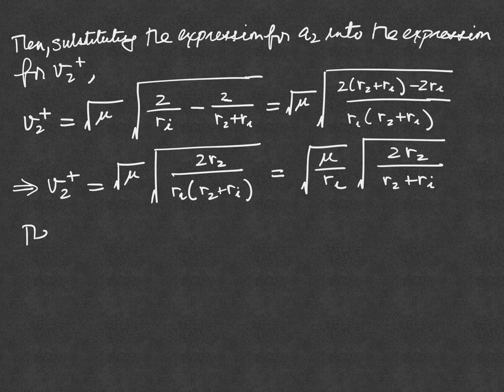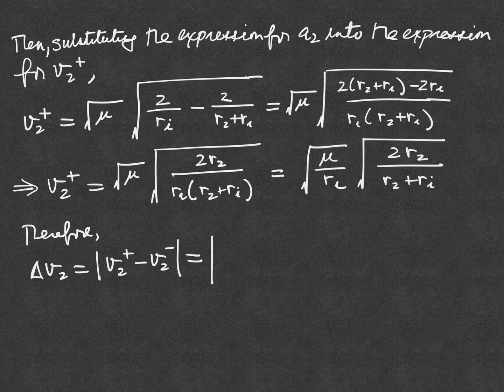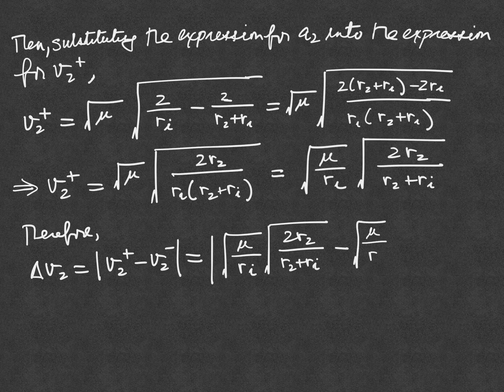So therefore, delta V2, which is equal to the absolute value of V2 plus minus V2 minus, has to equal the absolute value of the square root of mu over Ri times the square root of 2R2 over R2 plus Ri minus the square root of mu over Ri times the square root of 2R1 all divided by R1 plus Ri.